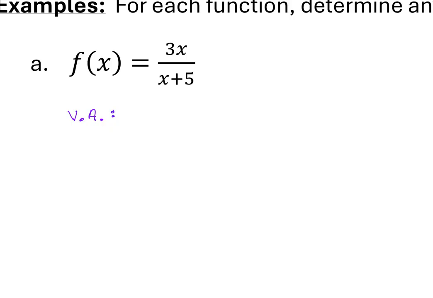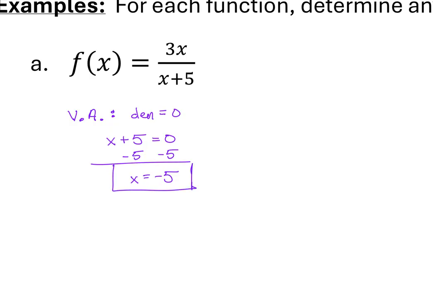Remember, a vertical asymptote is where the denominator is equal to 0. So if we set our denominator equal to 0 and solve for x, we subtract from both sides and get x equals -5. We want to make sure that we leave it in equation form. An asymptote is a line, so it does have to be an equation.